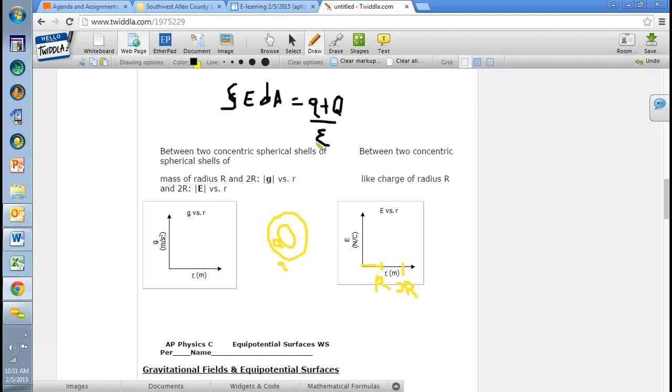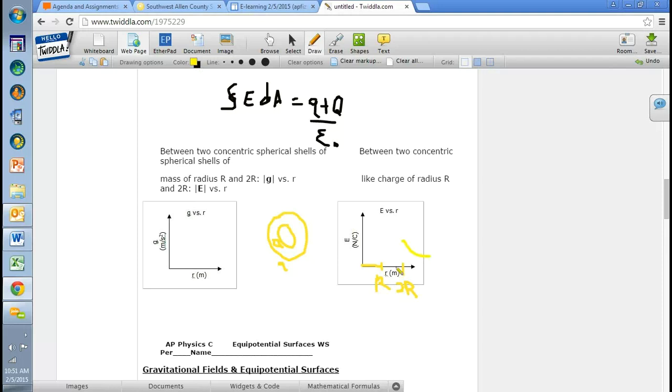And this area is going to be 4 pi r squared, right? So when you move it over, it would be an inverse square relationship, right? Okay, so it's going to be inverse square out here. I'm going to go back to yellow. It's going to be an inverse square relationship out here, something like that.